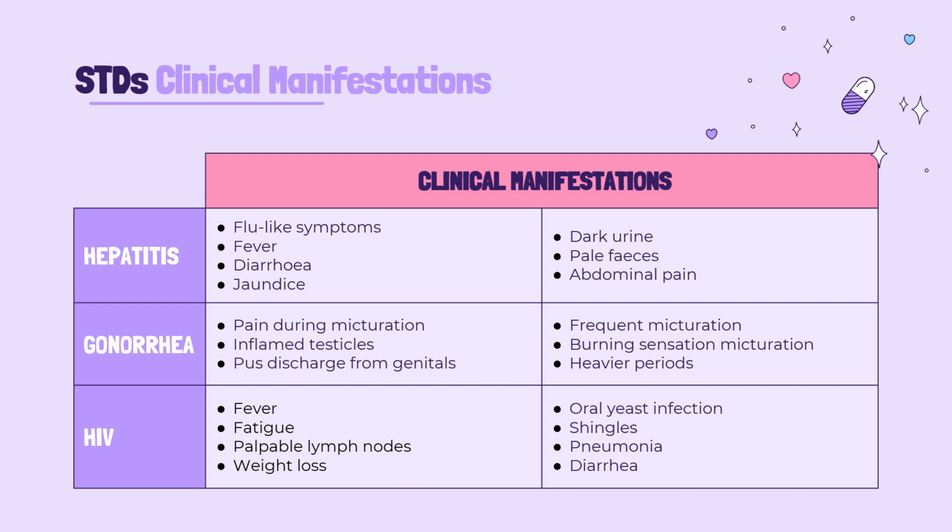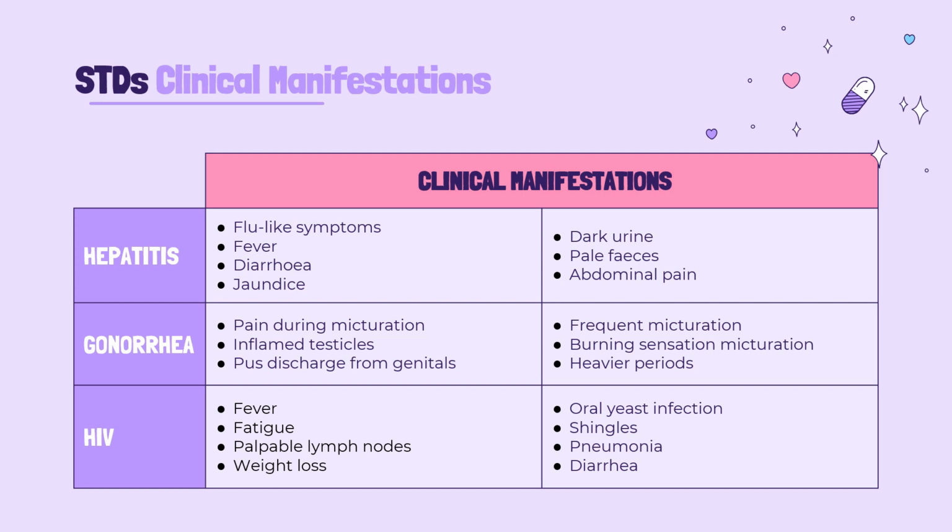For gonorrhea, the clinical manifestations include pain during urination. Males usually show inflamed testicles, pus discharge from the genitals in both males and females, and patients tend to have frequent urination and a burning sensation during urination, and women may have heavier periods.